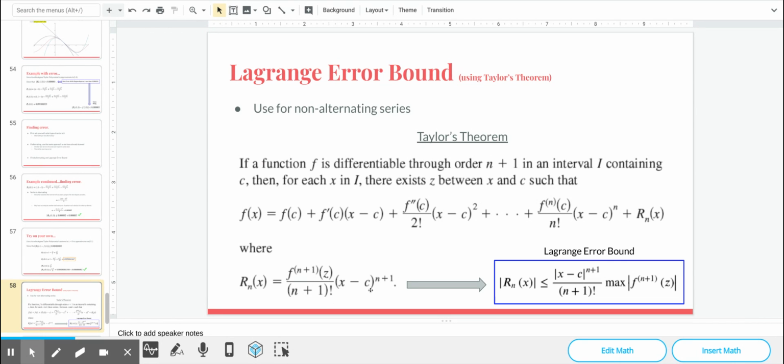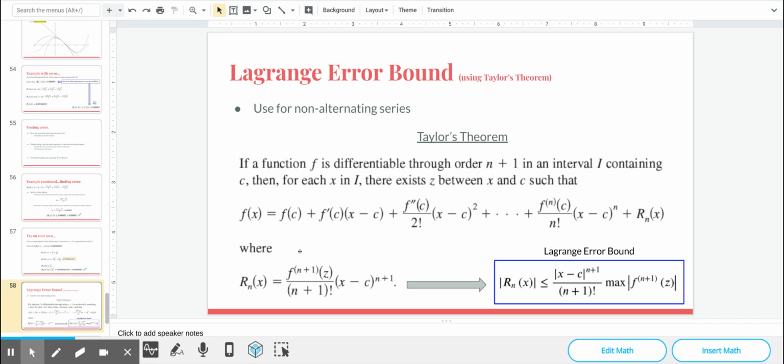Okay, so very much like alternating series, I'm just going to that next term. But the biggest difference is that I'm evaluating the n plus first derivative of f at z. So hopefully your question is, well, what is z? z is some number in between x and c. All right, it can actually include x and c as well.